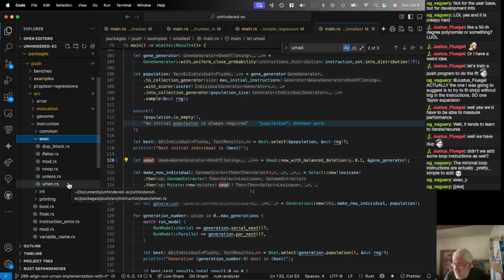And I think if you look at the evolved solutions to the more interesting problems that the other systems give you, you're much more likely not to have a generic looping instruction. You're much more likely to have something like a map that says do something to every character in a string, or do something to every item in a vector.